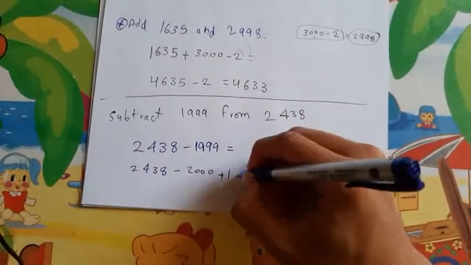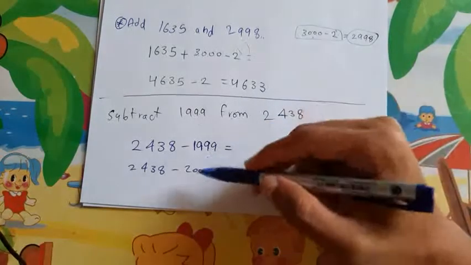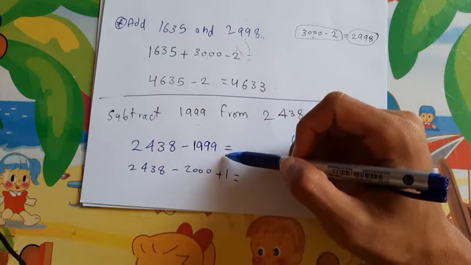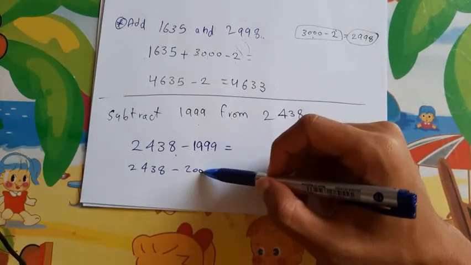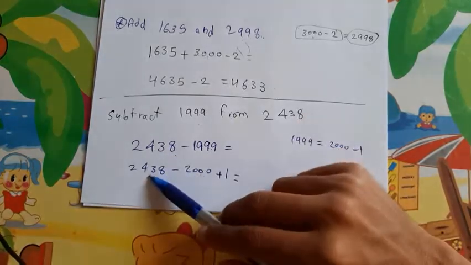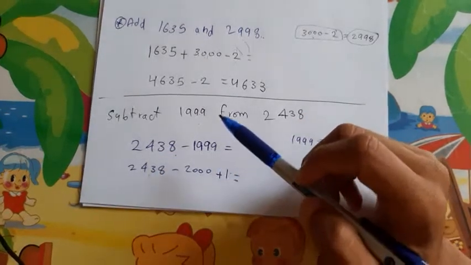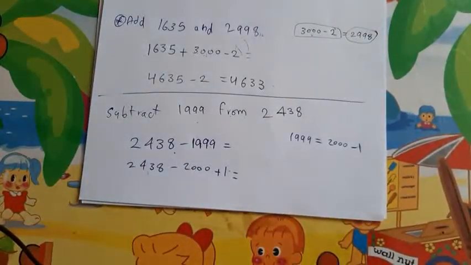Why did I add the 1? Because subtracting 1999 from this number is the same as subtracting 2000 from this number and adding the 1. Okay, let me explain this using a simple problem.